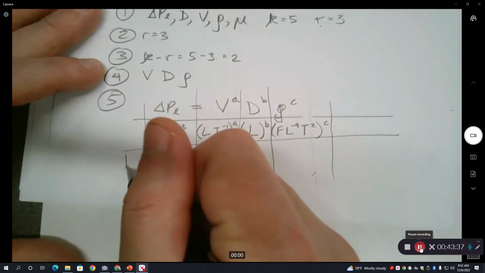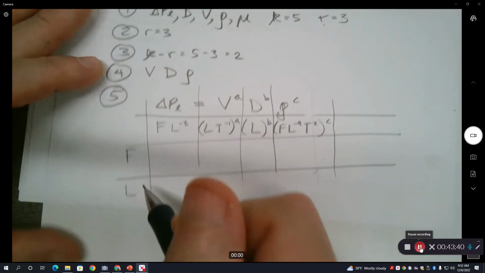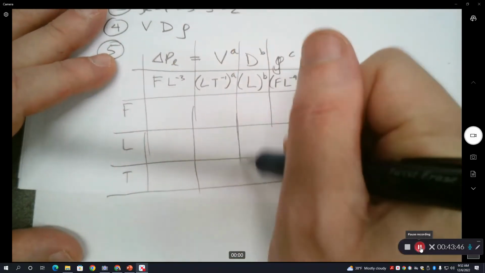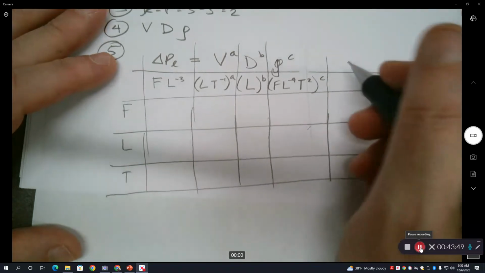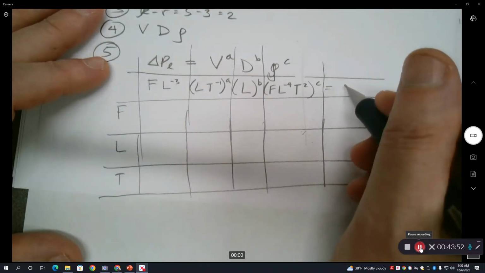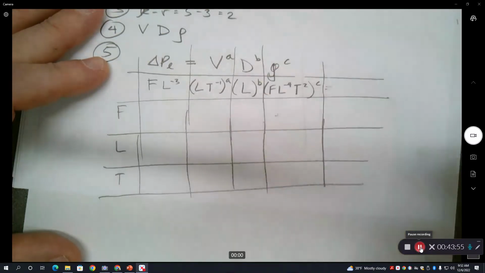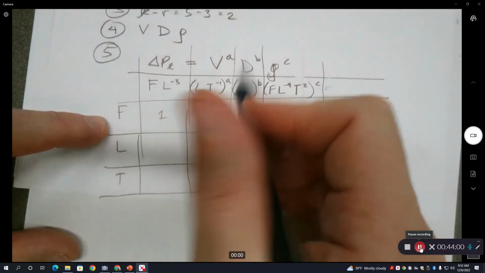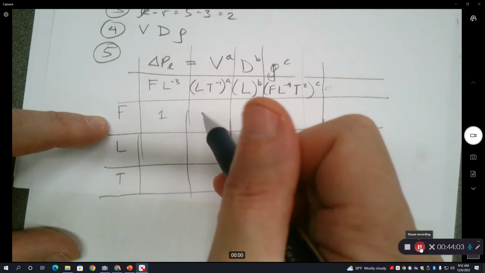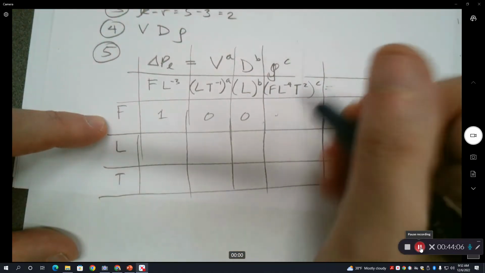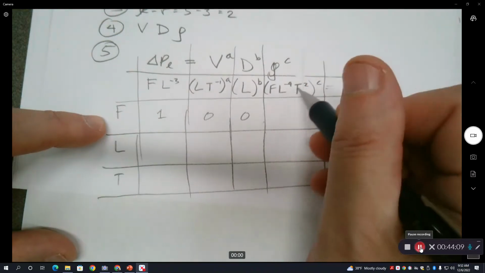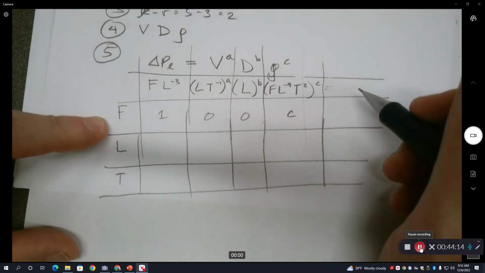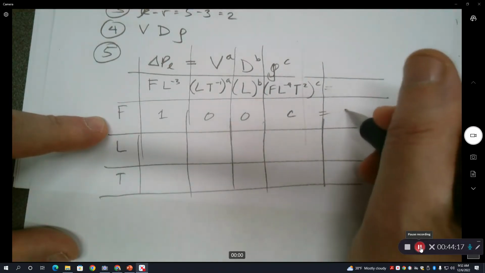And then I go F, L, and T. And this should be equal to, yeah, that doesn't matter. So for the F, it's going to be 1. This is going to be 0, 0, and this guy will be C. And that should be equal to 0.